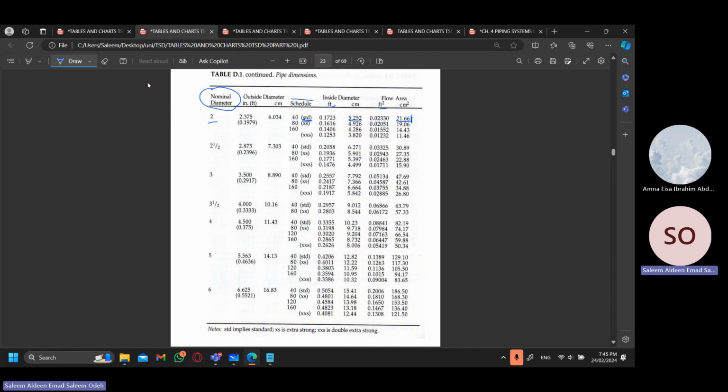The closest are 3 1/2 nominal diameter and 4. In a piping system, you would always prefer to go with the larger diameter. So when you have two options, it is best to go with the larger one. So we will go with 4 nominal diameter.